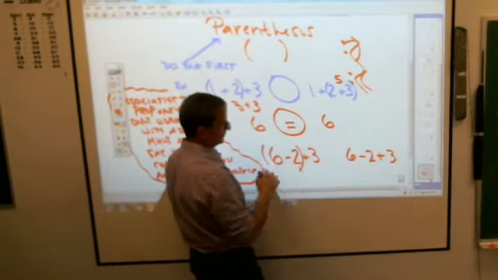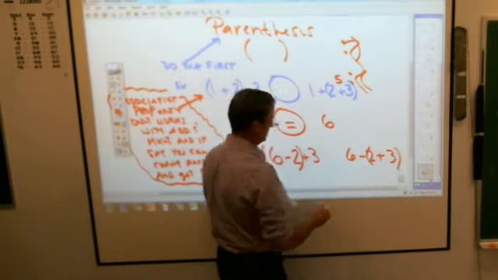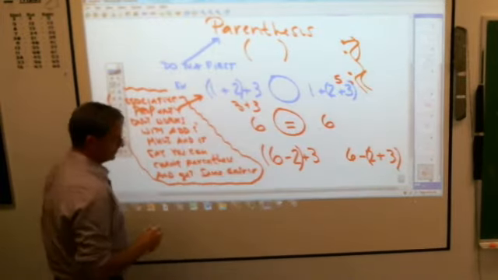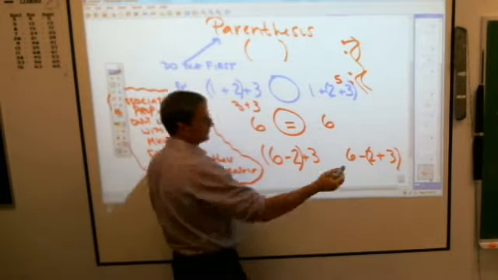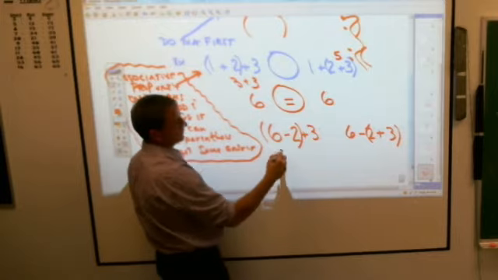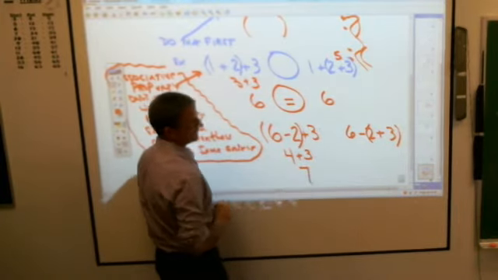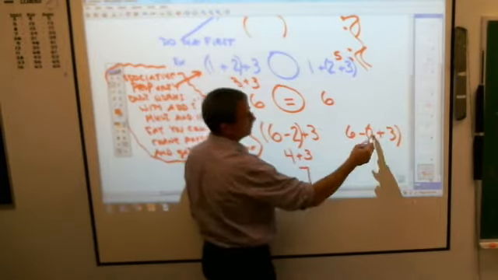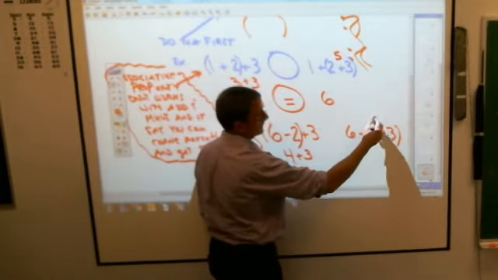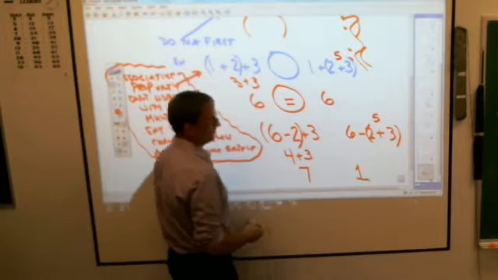I have the parenthesis around this first, and then I have the parenthesis around this second. Am I going to get the same answer? Let's check and see. 6 minus 2 is 4. 4 plus 3 is 7. Over here, I do 2 plus 3 first because it's in parentheses, that's 5. What's 6 minus 5? 1. Do I get the same answer?